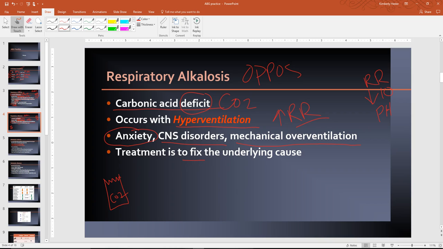It will cause the patient to breathe too much. They've lost their ability to regulate. And you will see this sometimes in that patient population, head trauma. But most often, as a bedside nurse, what you're going to see it in is mechanical overventilation.